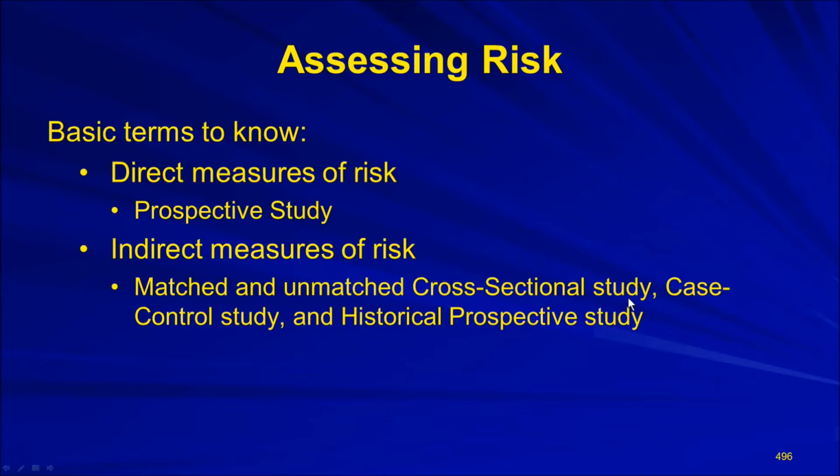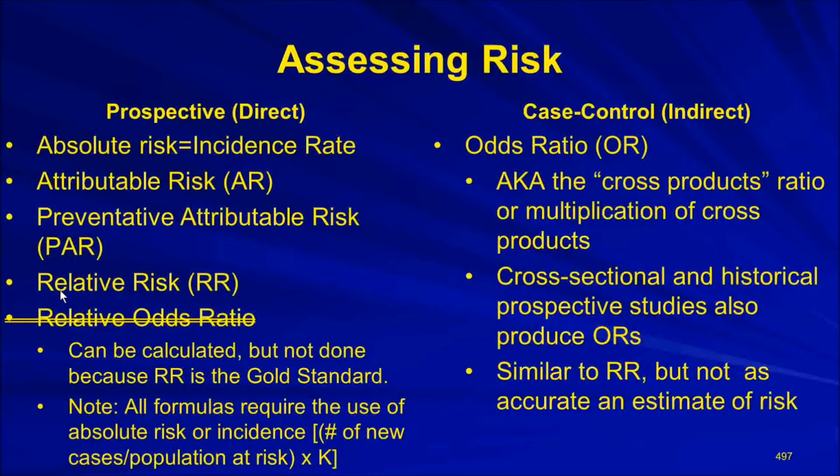But you'll see it, and don't let this confuse you. Now, I'd like to talk to you about assessing risk, and remember, we have the most measures of risk for a prospective longitudinal study. Again, that's the best study you can do that is an observational study.